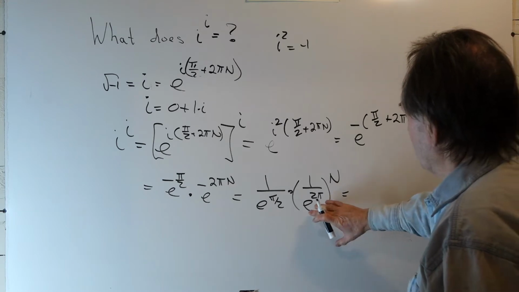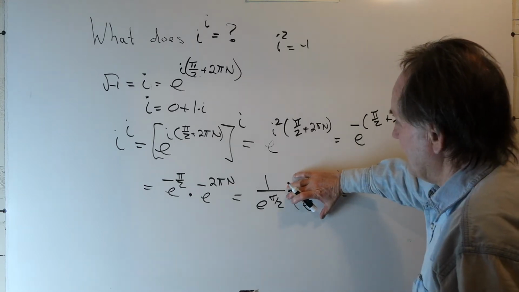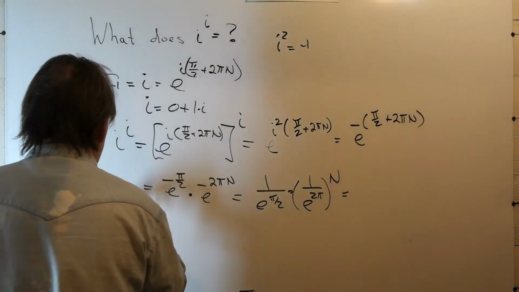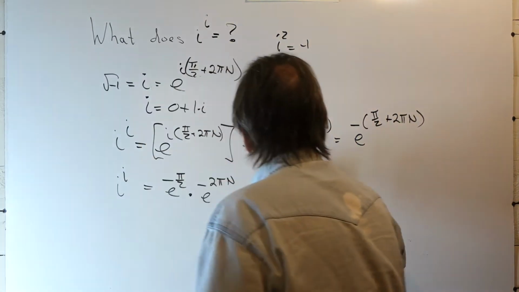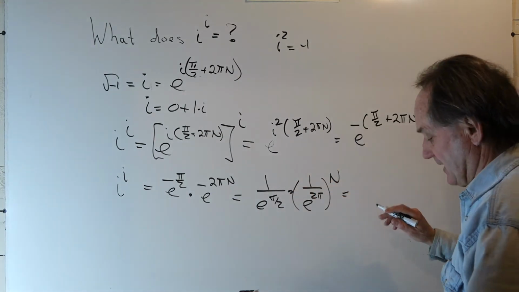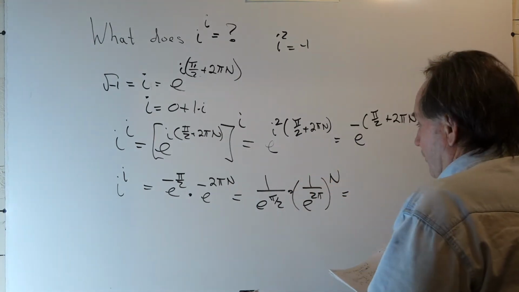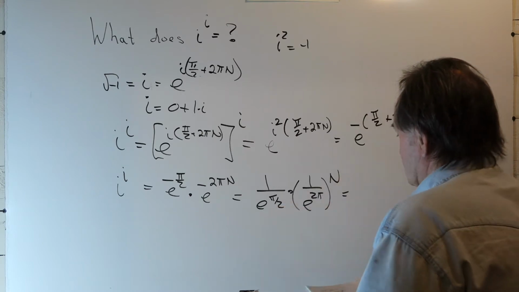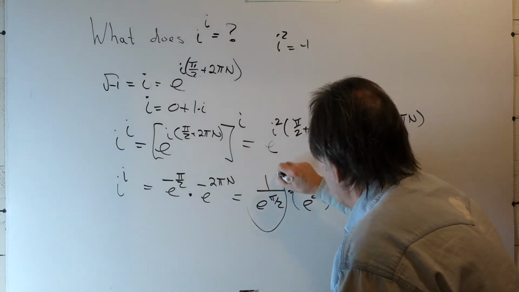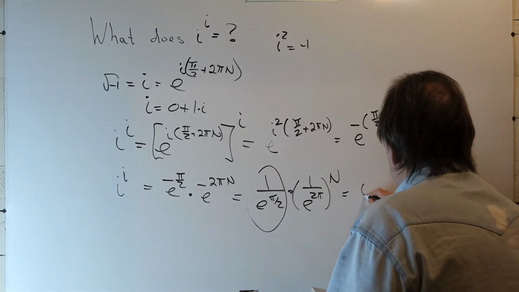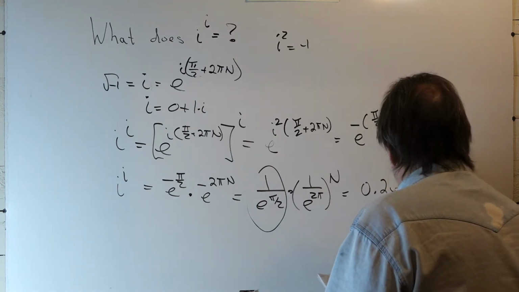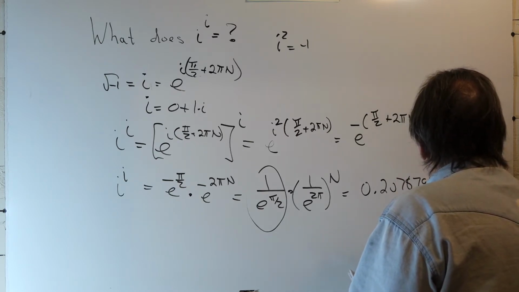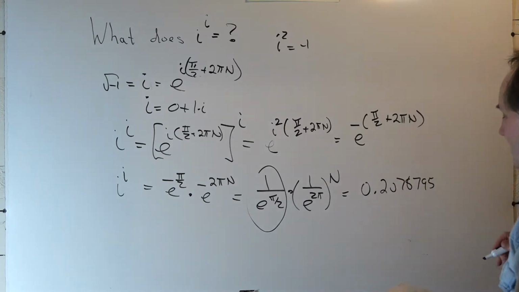If n is 0, this becomes 1, and the principal value of i raised to the i power is just 1 over e to the pi over 2, and we can express this as a real number. This is 0.2078, and it goes on forever. It's an irrational number.